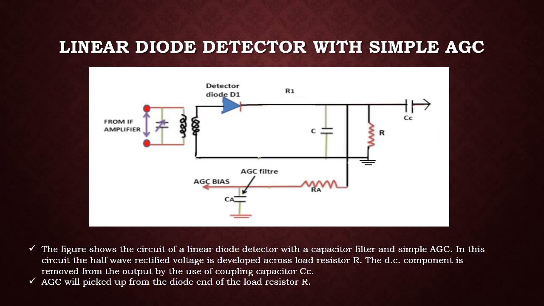This time constant RACA must be large enough to remove the lowest modulating frequency component from the AGC bias. However, it must be, on the other hand, small enough to enable the AGC bias to follow the change in carrier amplitude. I think this is clear to all.